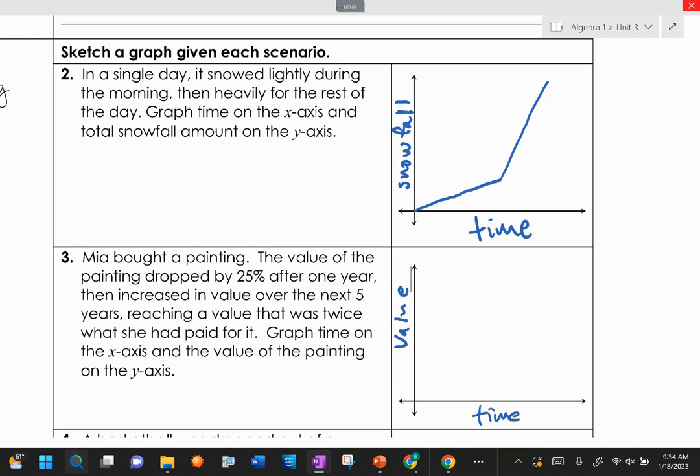For instance, if it started at a $0 value, it can't go down. Wait, it started at a $0 value? No, I'm saying if you started at the origin, you're saying that the painting started at a $0 value. Oh no.